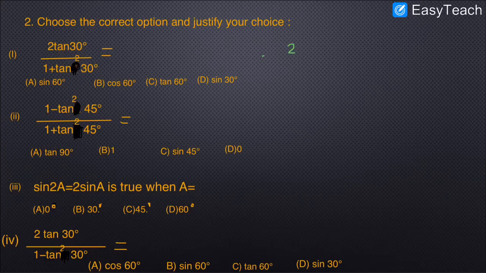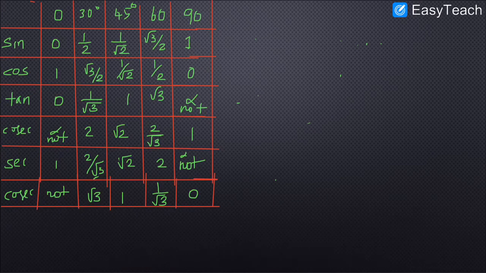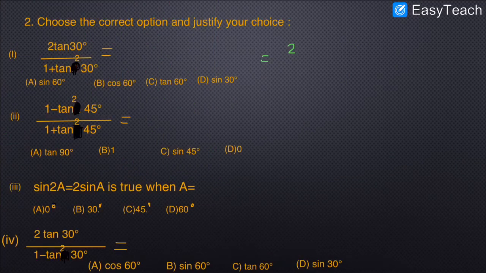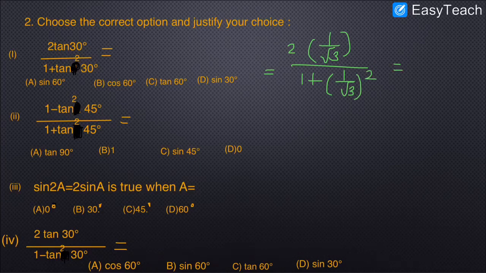So 2 into, for tan 30, what is the answer? 1 by root 3. So I write it here. 1 by root 3 divide by 1 plus 1 by root 3 square, because this is tan square 30, right?